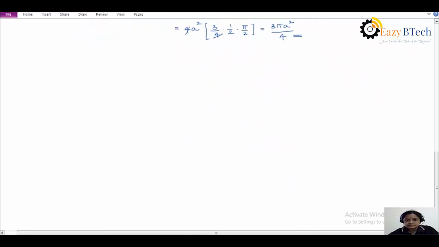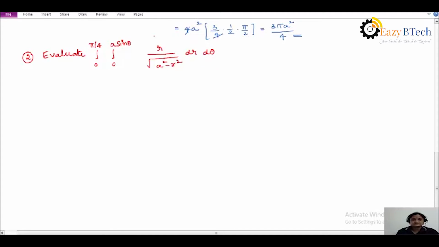Coming to the next question. Same model, double integral in polar form. Yeah, the second problem. Evaluate integral 0 to pi by 4, integral 0 to a sin theta, r by root of a square minus r square dr d theta.